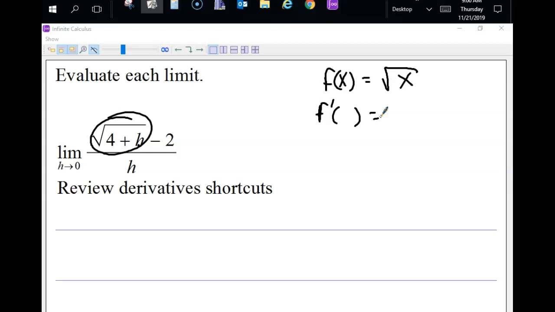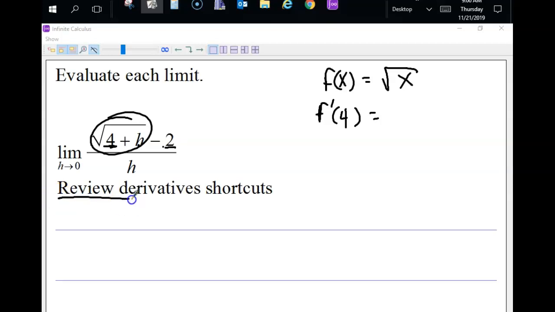Vivian, at what number are we finding the derivative? 4. It is 4, because you remember, you want to look at this number here that's with the h. That's how you can tell. And then, like Mateo was saying, you can kind of get a little more confidence. Why is this 2? That's a square root of 4, right? Okay.